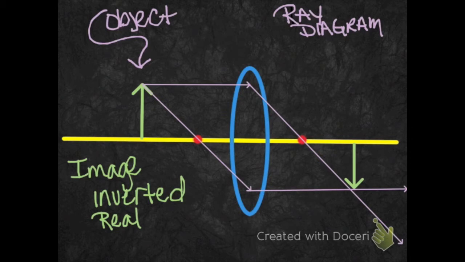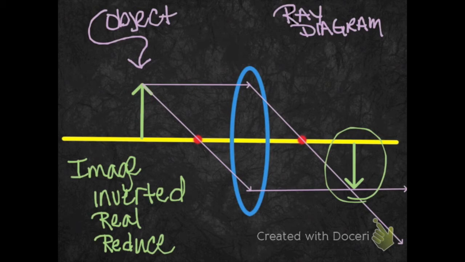And it is going to be reduced, because this arrow right here is a little bit smaller than that one. So our image is inverted, real, and reduced.